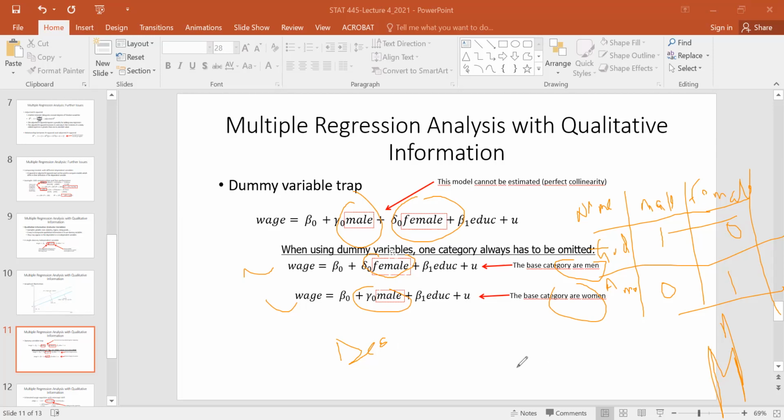Okay, so if you estimate something like beta 1 for January, then it means January sales, for example, are beta 1 more than December. You compare all of them to the base category, the one you left out, like December. So you always leave out one of the categories to avoid the dummy variable trap. There will be another example.